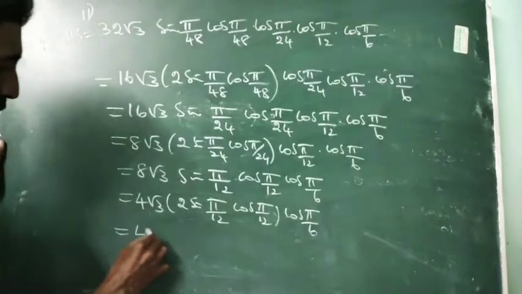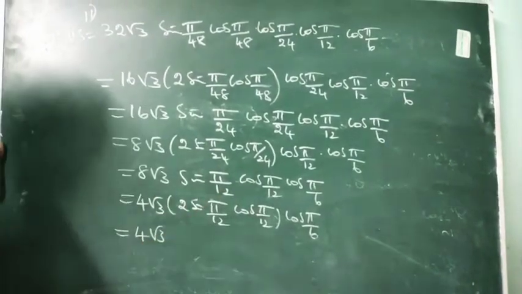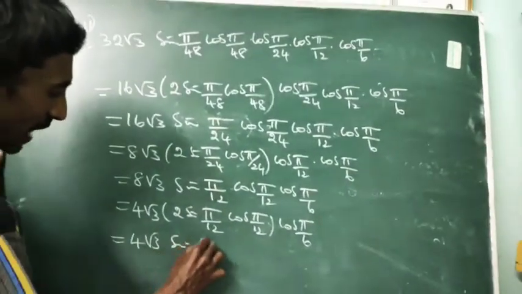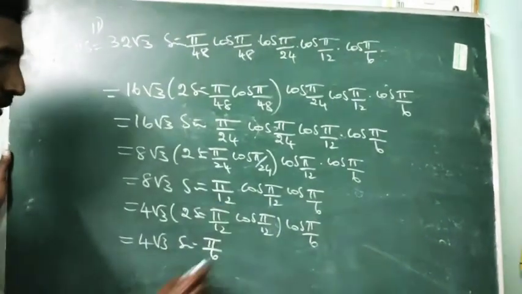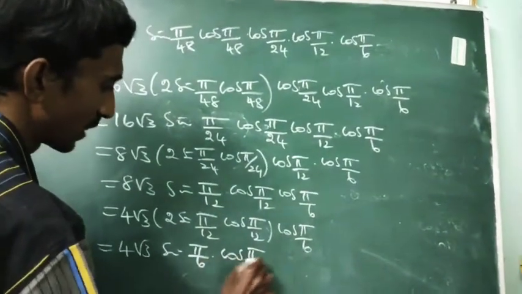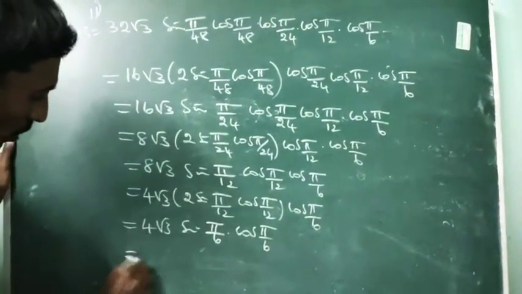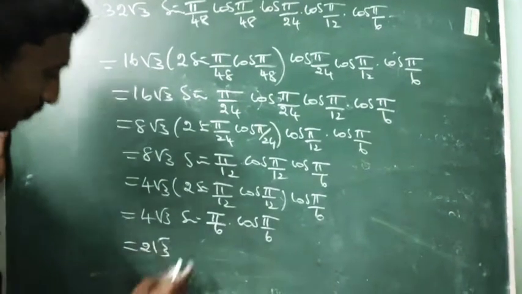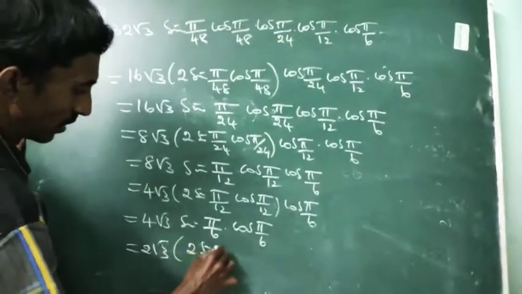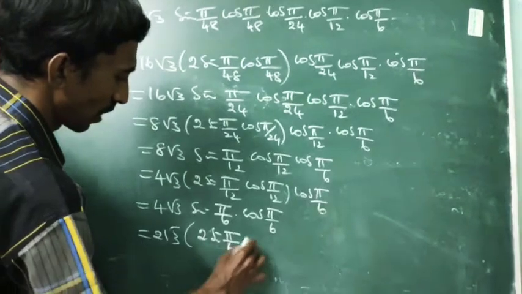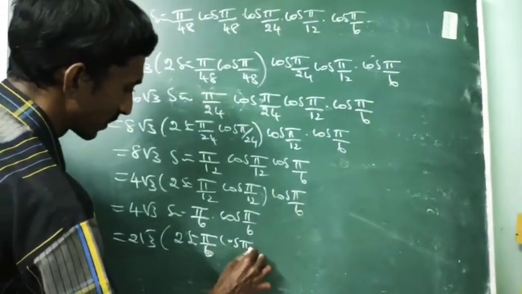So 4 root 3, again sin 2 theta, it becomes sin pi by 6 cos pi by 6. So again 1 2. So 2 root 3 into 2 sin pi by 6 cos pi by 6.